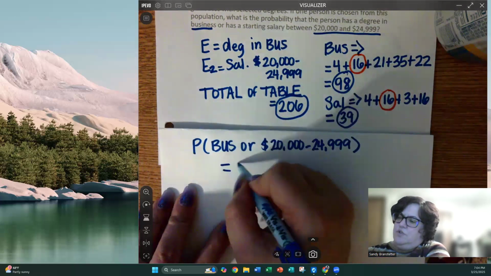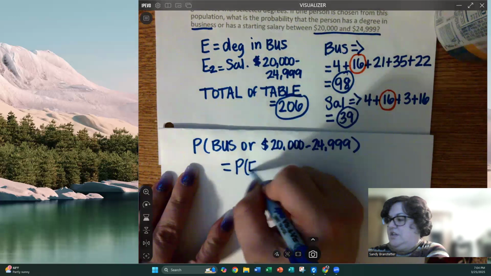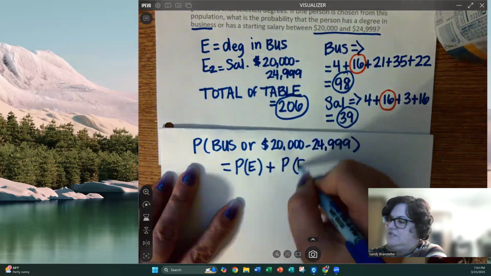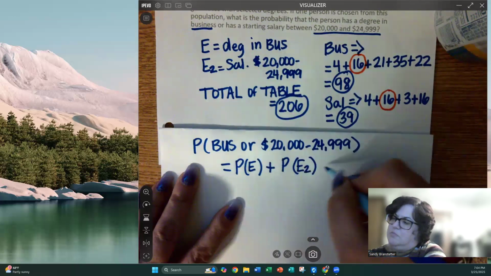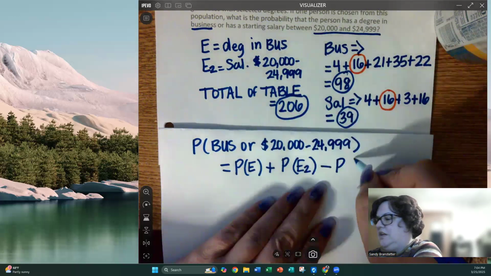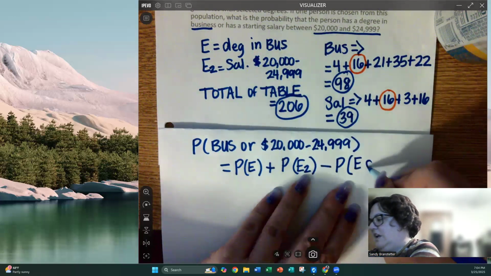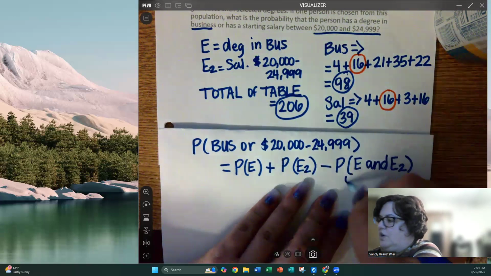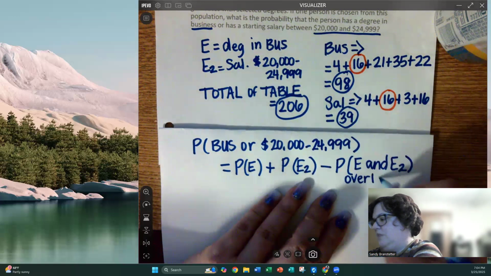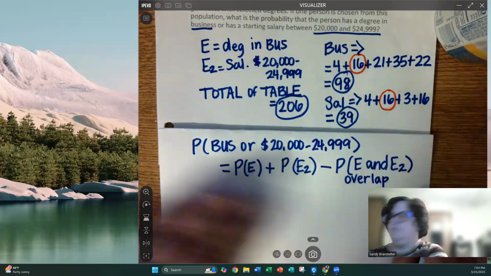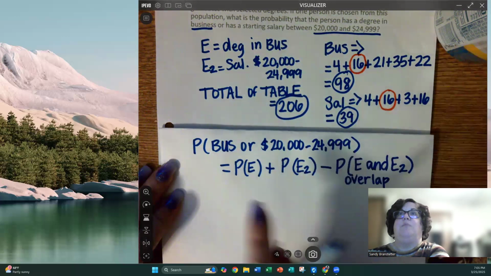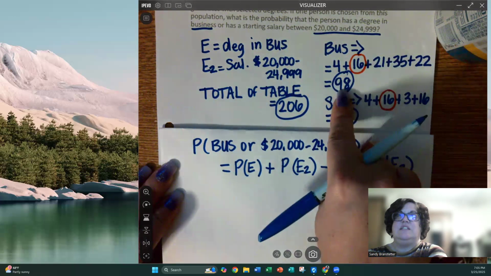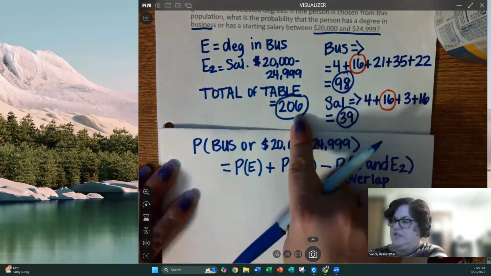So this is equal to the probability of our first event plus the probability of our second event minus the probability of E and E2, or the overlap, I'm going to keep calling it. So the probability of E has to do with business. We had 98 out of 206.